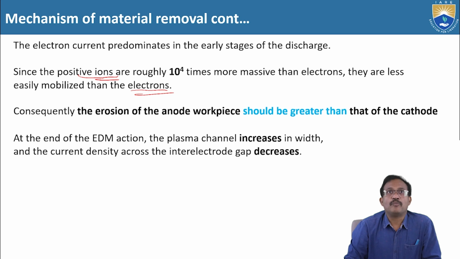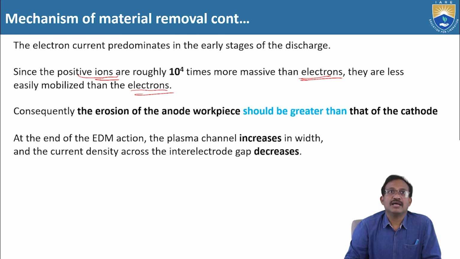See here, the positive ions are roughly 10 power 4 times more massive than electrons, so they are less easily mobilized. So that is the power of ions. Consequently, the erosion of the anode workpiece should be greater than that of the cathode.